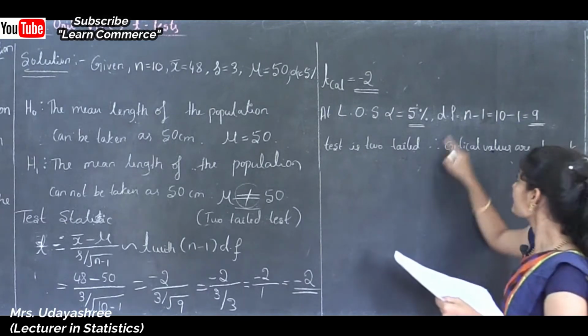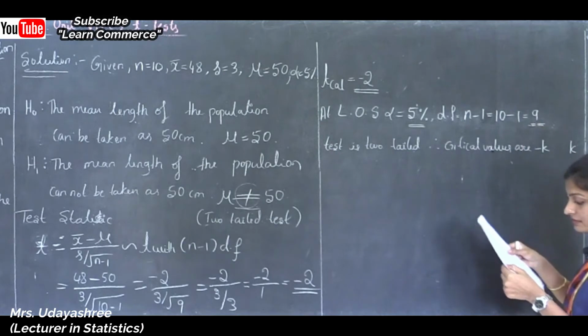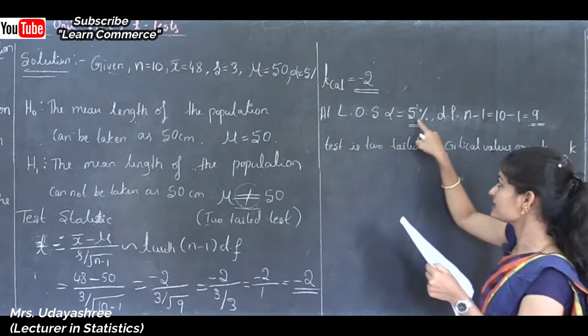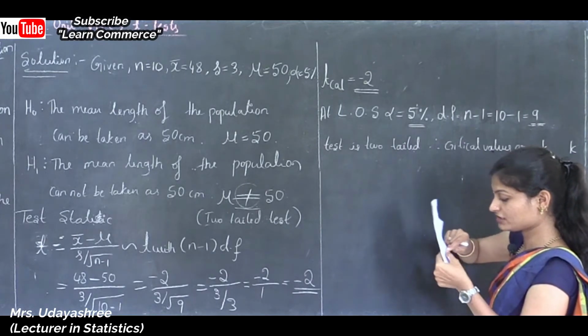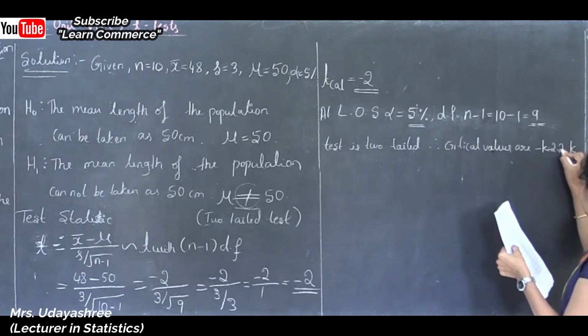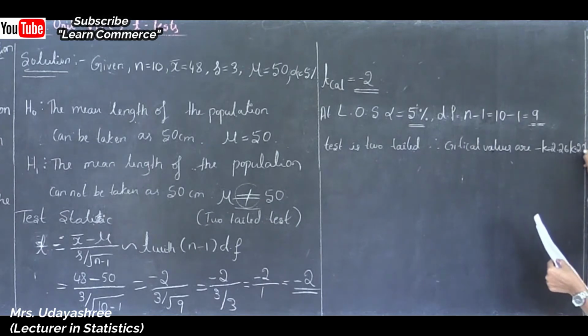With degrees of freedom 9, a two-tailed test, and alpha 5%, the values are minus 2.26 and plus 2.26. These are the critical values.